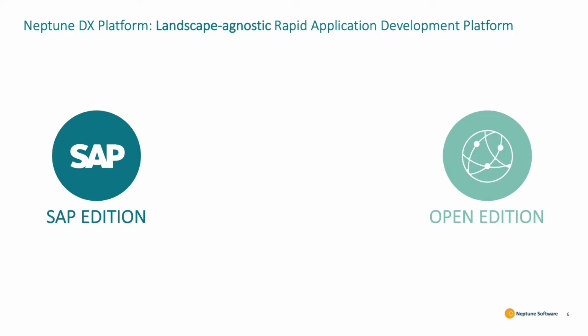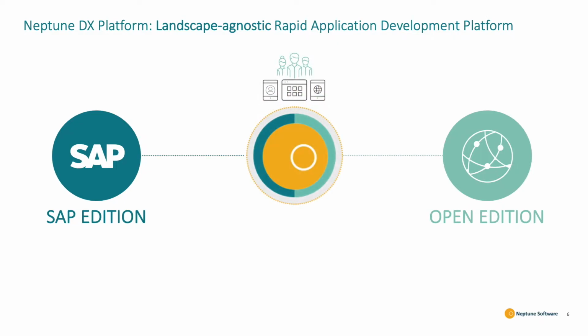This module shares a lot of similarities with the SAP Edition, but it excels when it comes to integration. When utilized together, you have the full power of the DXP solution, and the best of both modules can be combined. Let's focus in on the Open Edition, as it is the module we'll be using for this course.